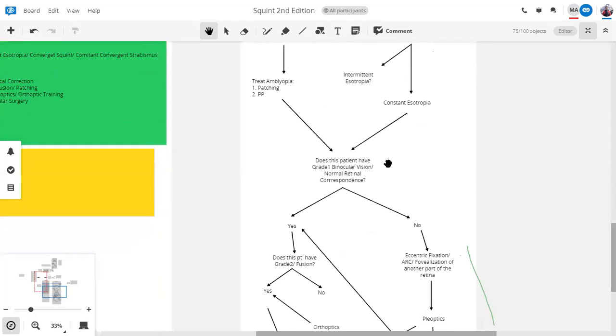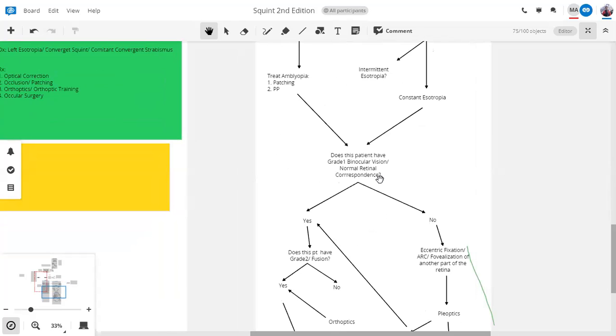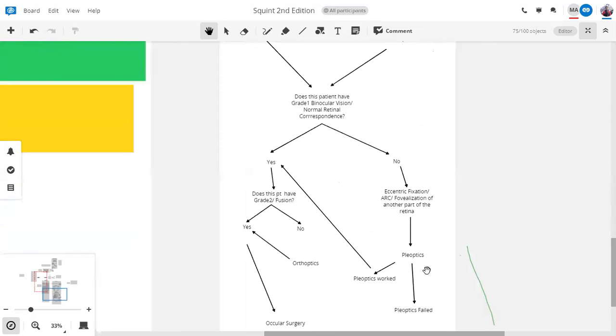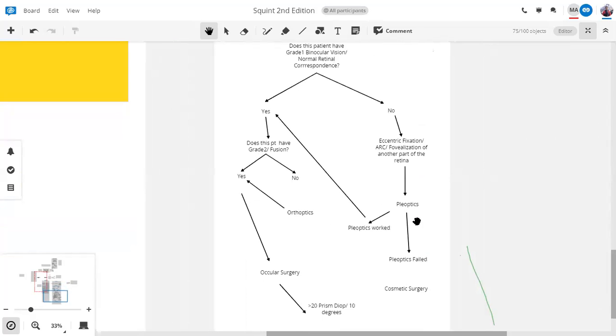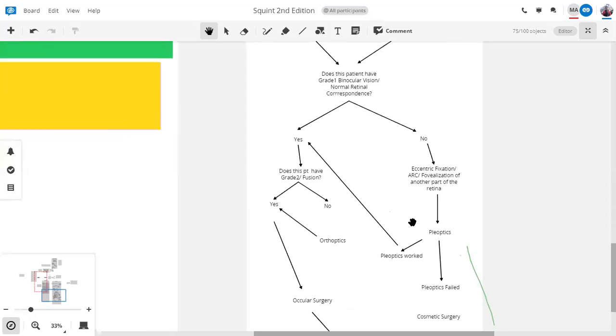The first grade of binocular vision is normal retinal correspondence. We want to see if that is present or if the correspondence is abnormal. If it's abnormal, we will try optics. We will try to stimulate the fovea so that it develops like normal retinal correspondence. But it has a chance of failing. If it fails, then we will go for cosmetic surgery.